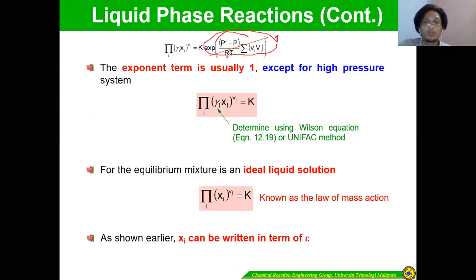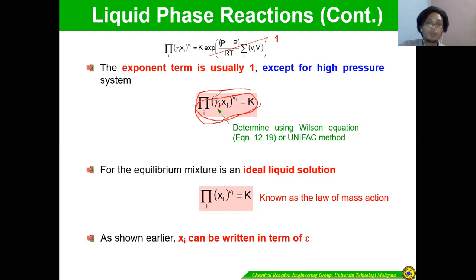So if equal to 1, it's just the parameter K, except for high pressure. If high pressure, you cannot neglect this one, you cannot consider this one as 1. So you have to calculate (P naught minus P) divided by RT times total v_i, where v is the volume. So this is only applicable at lower or moderate pressure. At high pressure, you cannot use this.